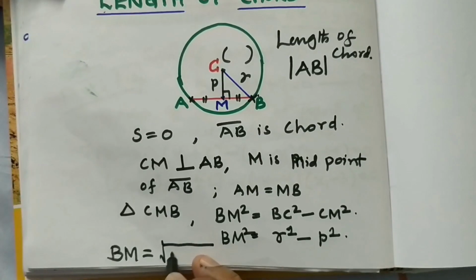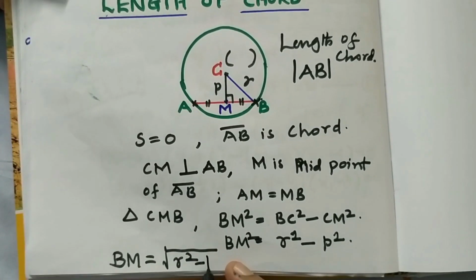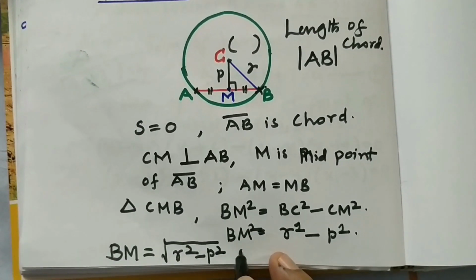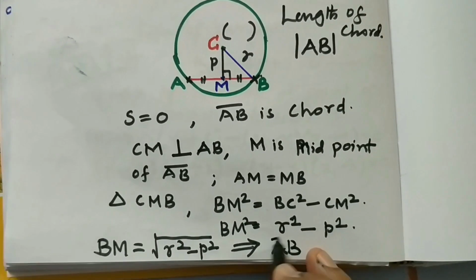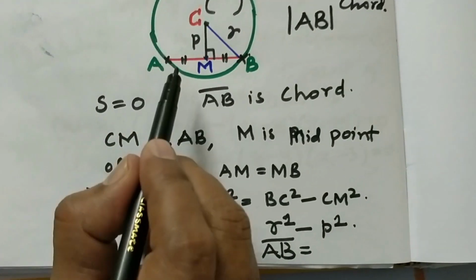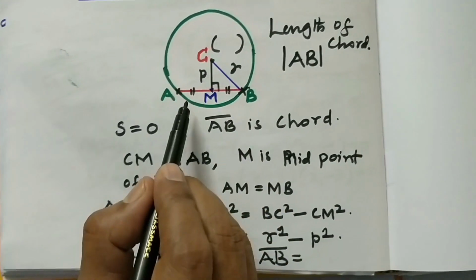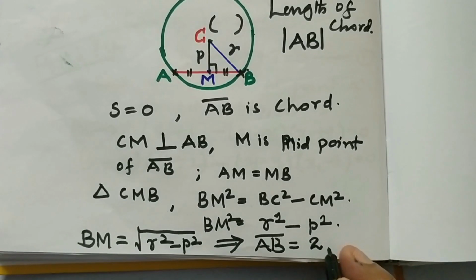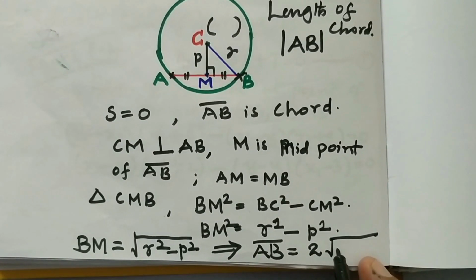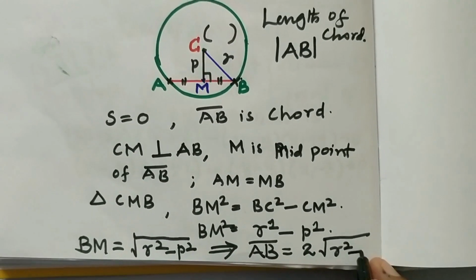This implies the length of chord AB is equal to 2 times MB, that is 2 into under root of R square minus P square, which is called the length of chord.